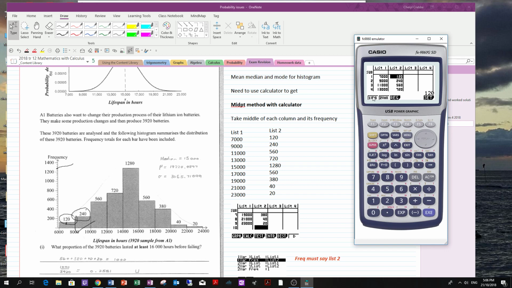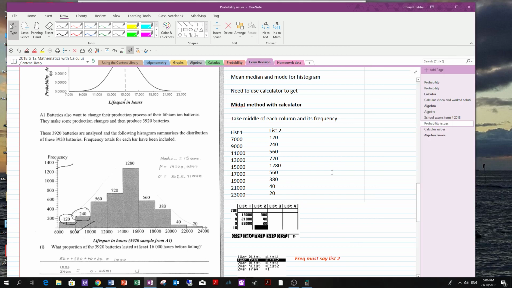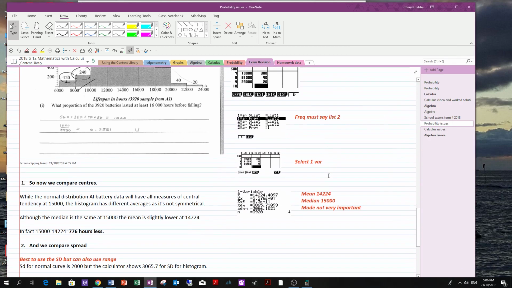You always select one variable because we're only looking at one variable, and it will give you your mean, which is your first number, x with a line over the top of it. The x with this little mu symbol with n is your standard deviation. You go down and you get your median, which is the same as the normal distribution median, 15,000. So we do all of that to get our values.